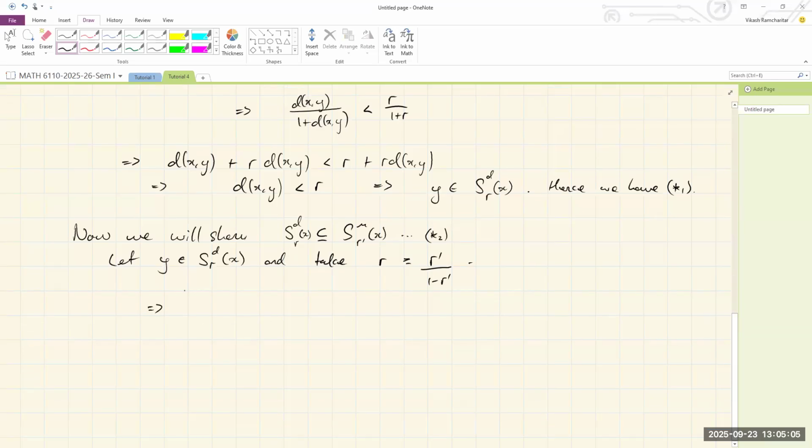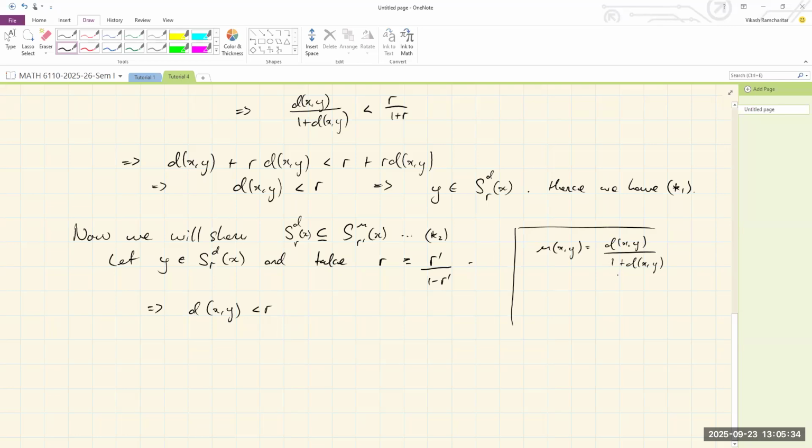What this implies, if y belongs to this set, is that the distance between x and y with respect to the d metric is less than r, okay? And so now I need to come over here and do a little calculation. I know that mu of x comma y is equal to d of x comma y over 1 plus d of x comma y.